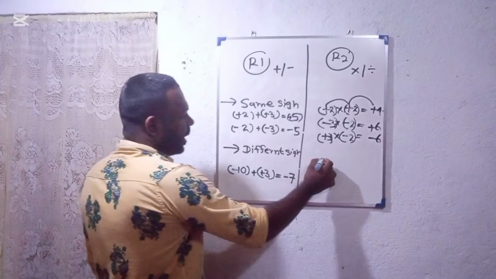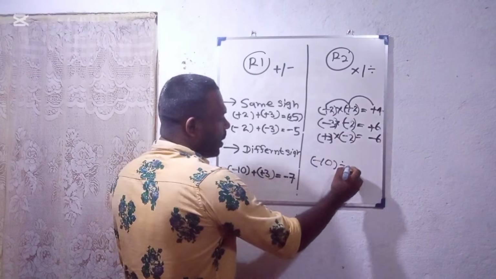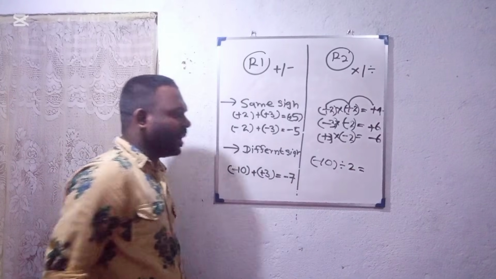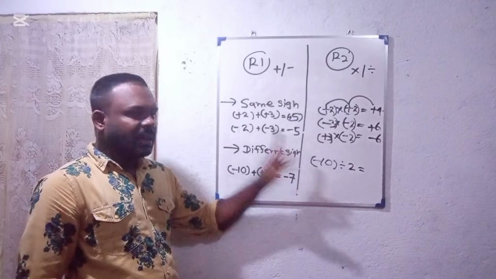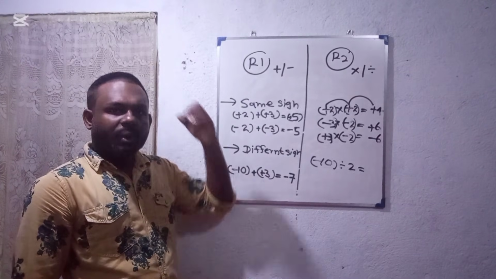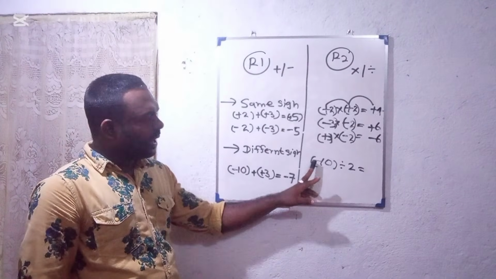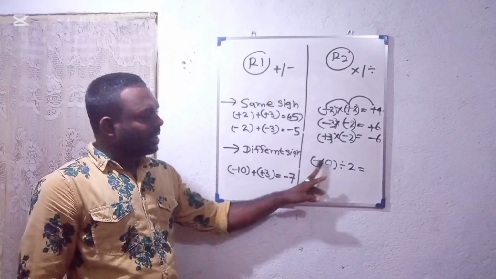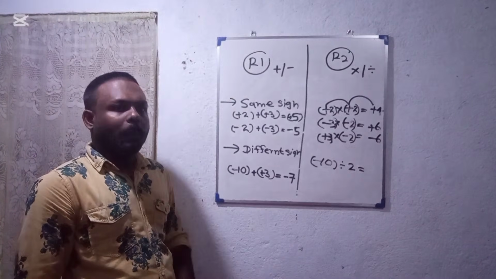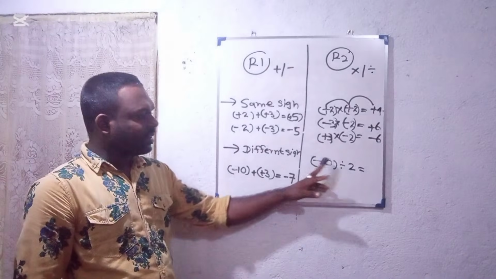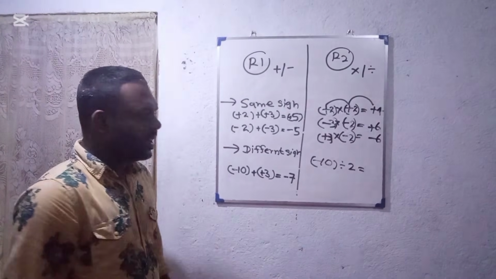You can try an example for division like this: minus 10 divided by 2, minus 10 over 2. What is the sign? Forget the signs, then import the rule from the brain. Minus times plus. You have to think of division like times. Minus times plus is minus.